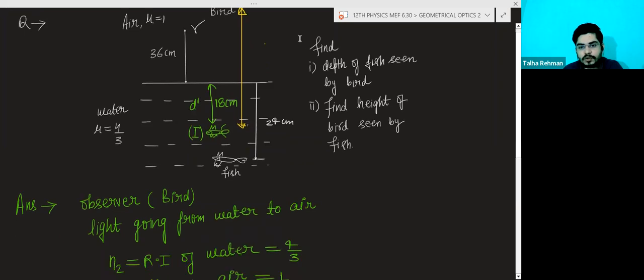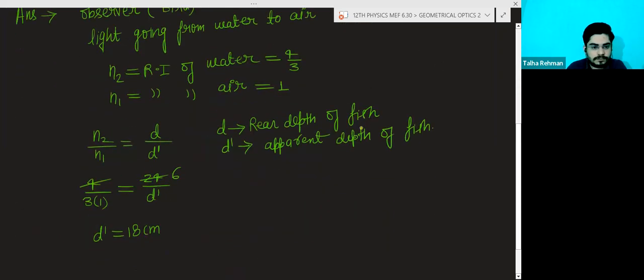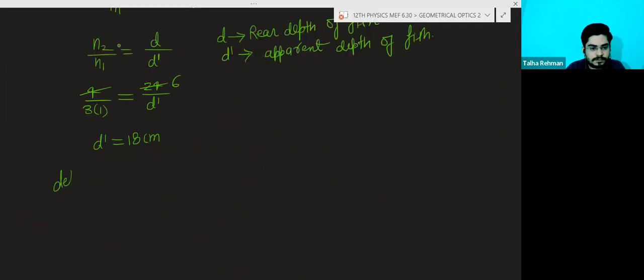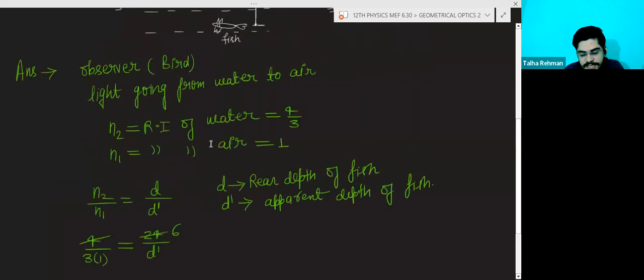So depth of fish seen by bird is equal to 36 plus 18.